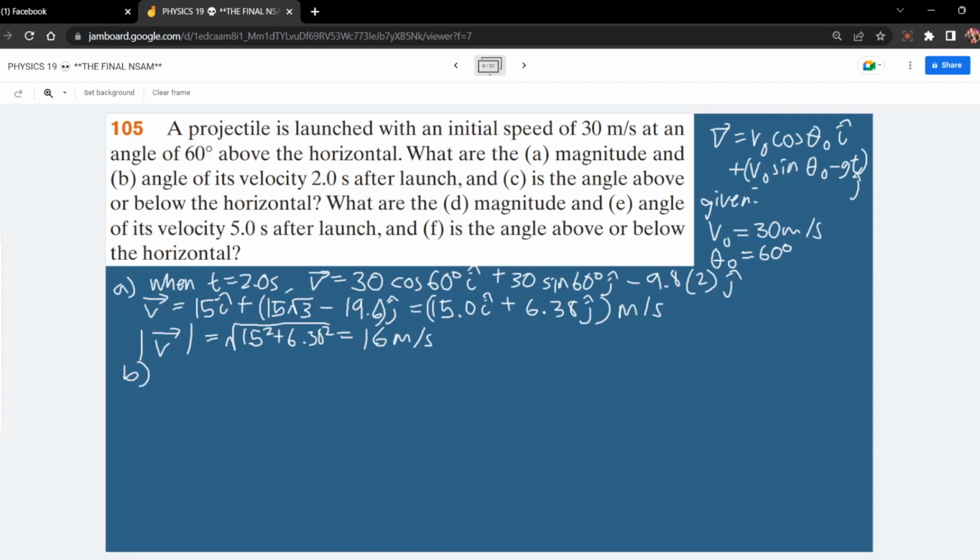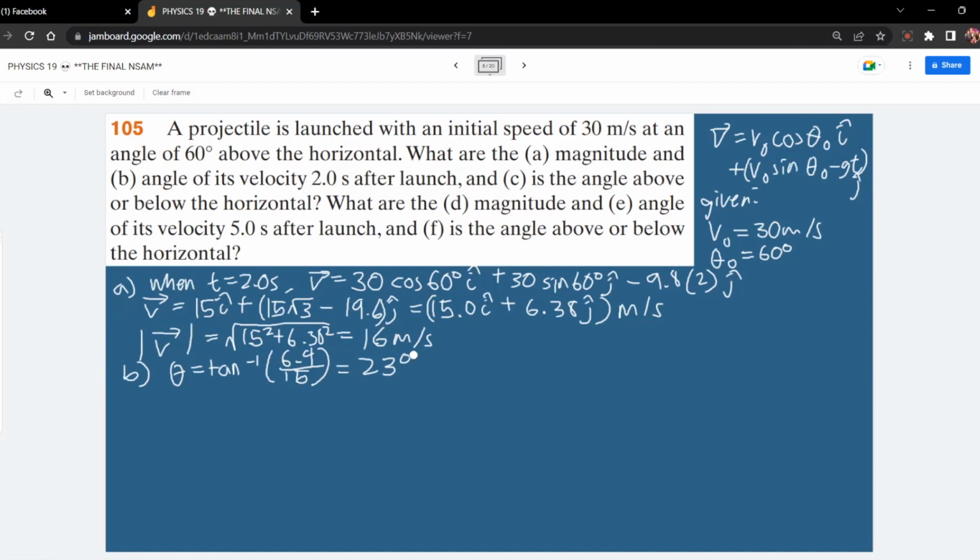Ngayon, ano yung angle naman above or below the horizontal? So tangent inverse 6.4.